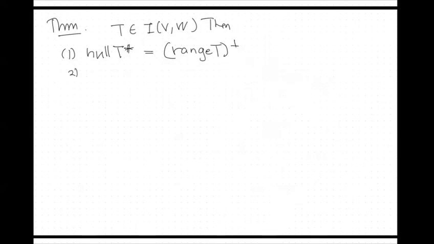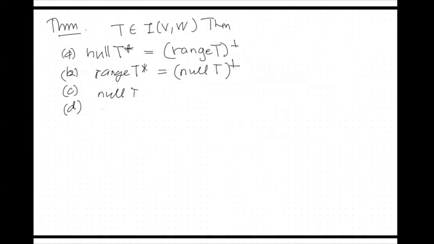The second claim, letter B: the range of T adjoint is equal to the orthogonal complement of the null of T, and then the range of T is just equal also to the orthogonal complement of the null of T star.